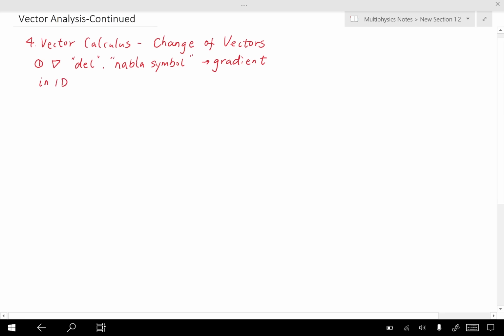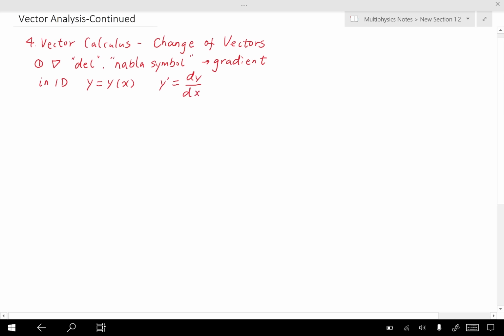And in 1D case, we use derivative, right? And we talk about in 1D, we talk about derivative if it's an ordinary differential. For example, if we have a function y is a function of x, then the derivative, we usually say y prime or dy dx, right?